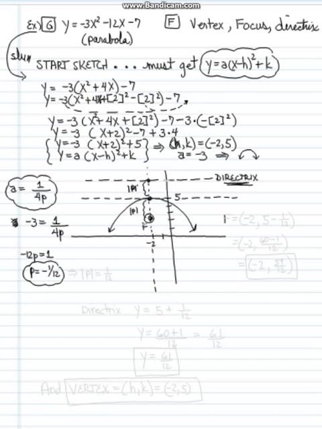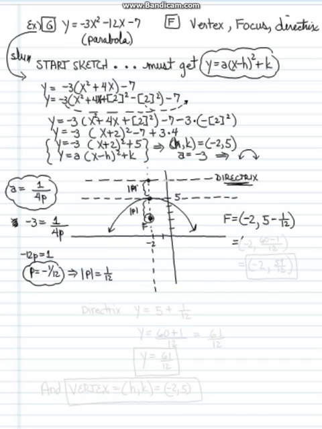The focus is on the ordered pair. Well, look at the x-coordinate. Just look at the picture. The focus is on x equals negative 2. But as far as y, it's the absolute value of p units down. So the absolute value of p is just positive 1/12. So the y-coordinate of the focus is 5, and then go down 1/12 unit.